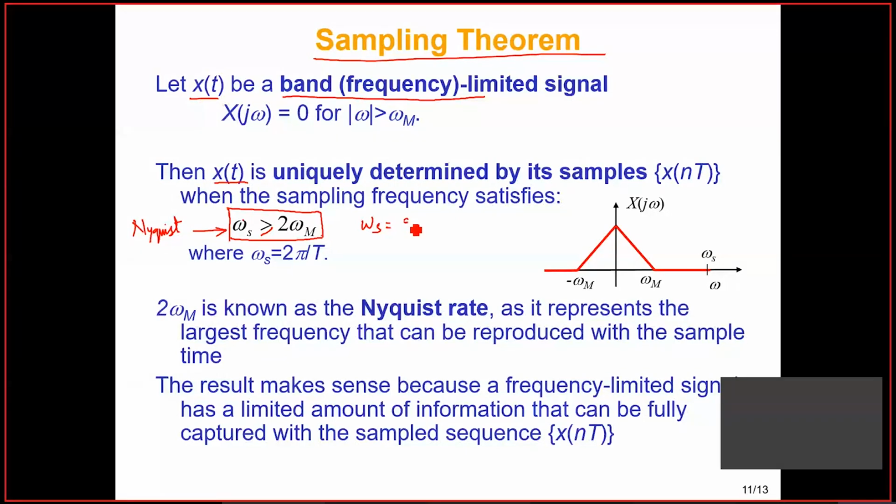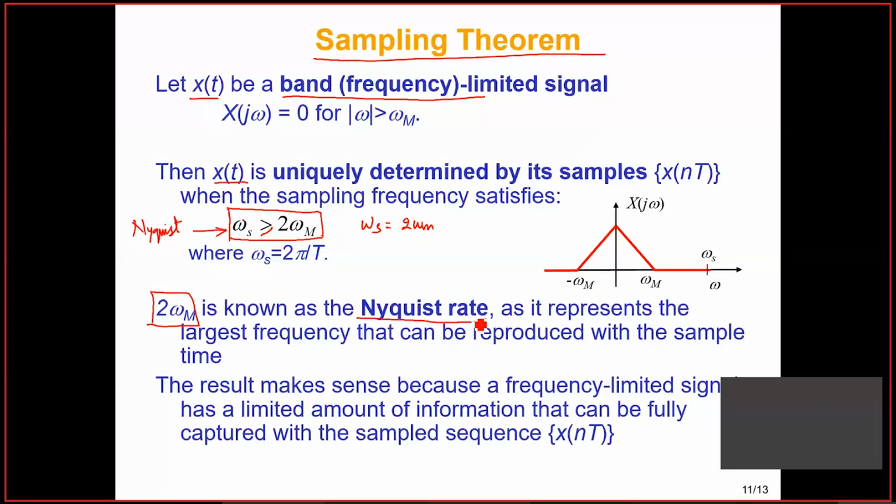So this 2 times omega m is the Nyquist rate, or the minimum possible sampling frequency if you want to reproduce your original signal back. Because here if you see, if your omega s was exactly equal to 2 times omega m, the second copy will start right here. It will be just touching right here.